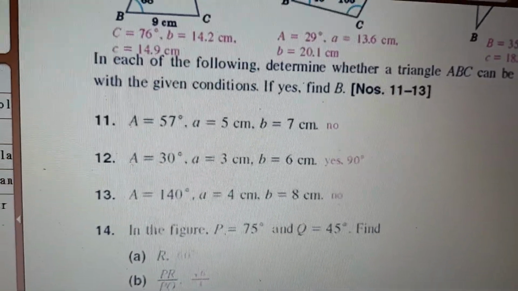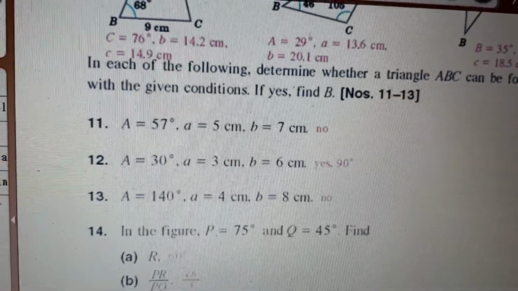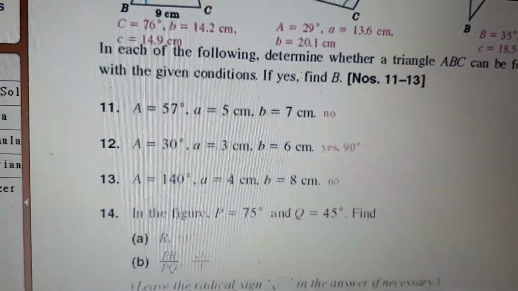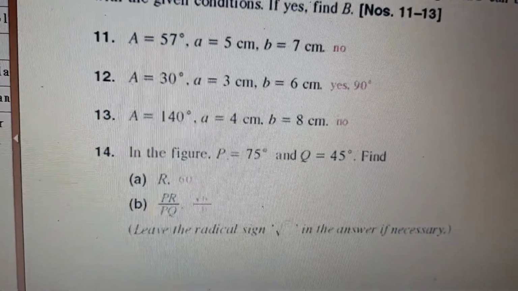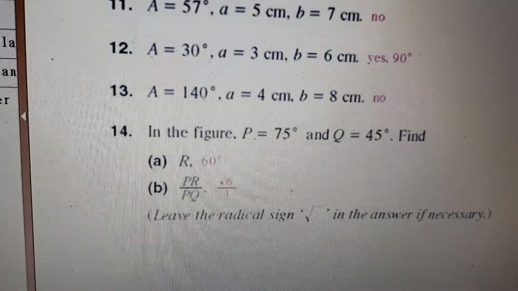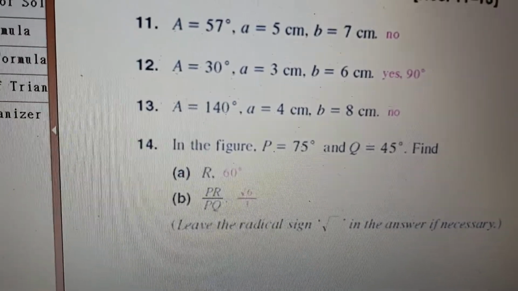Okay, 11, no. 12, yes. Angle B is 90 degrees. 13, no. 14, part A, 60 degrees. Part B is root 6 over 3.